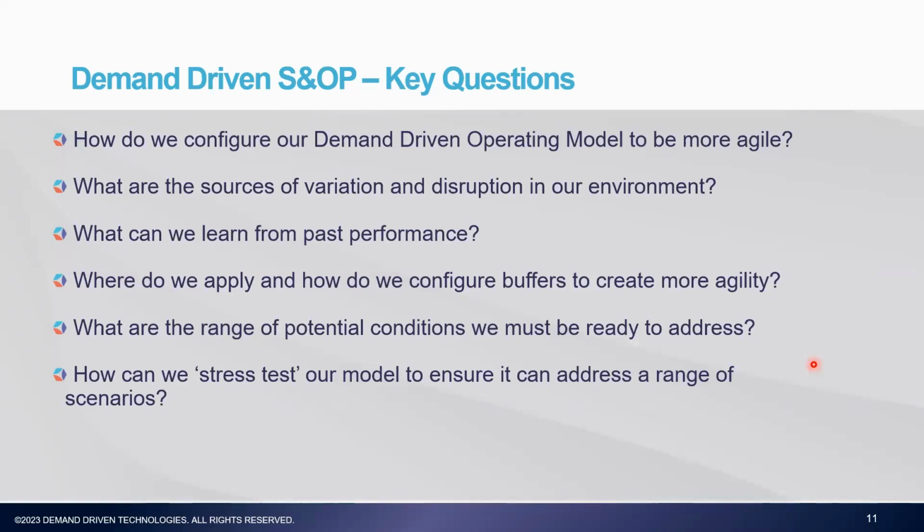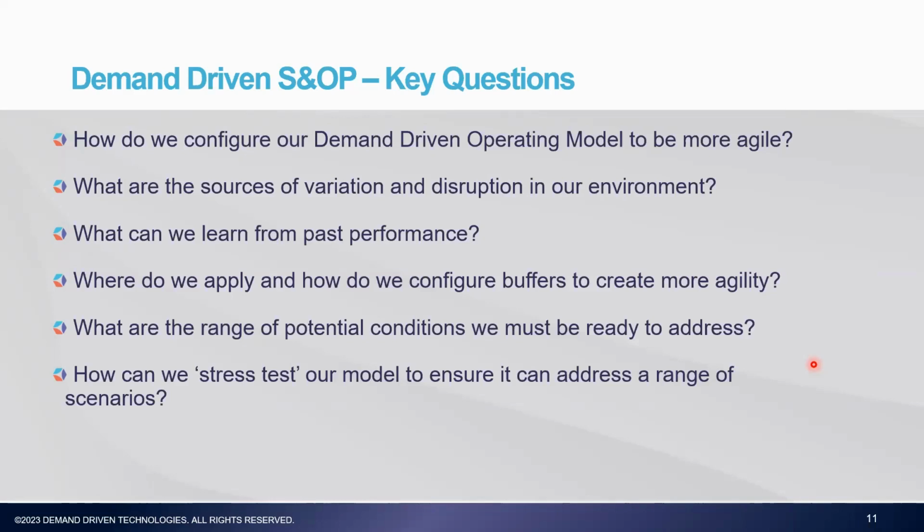So thinking about this from a DDS&OP standpoint, how are we going to configure more agility into our operating model? Where are the sources of variation and disruption in our environment, and how can we better combat those? My feeling has always been that the better we can deal with variation, the better off we're going to be.